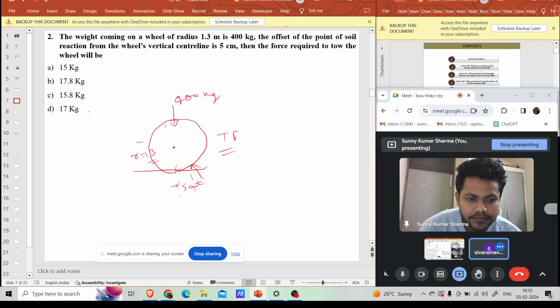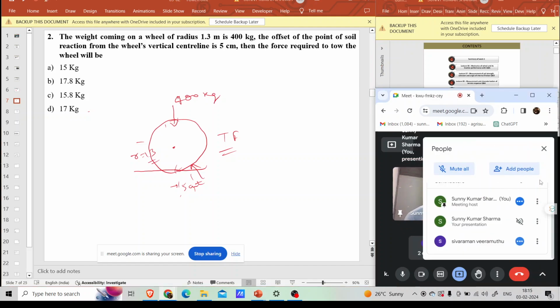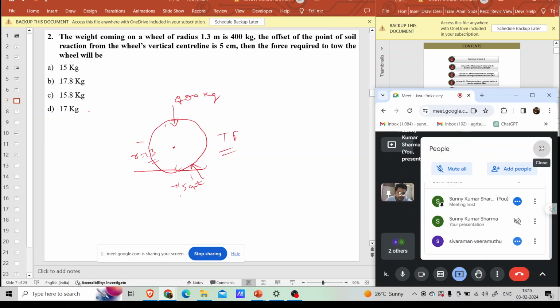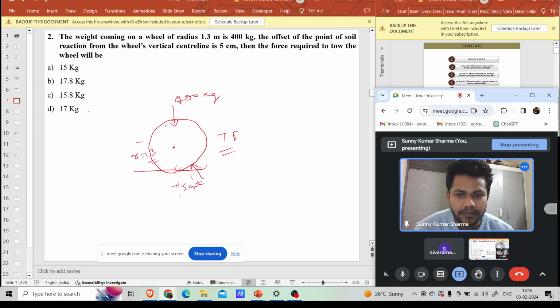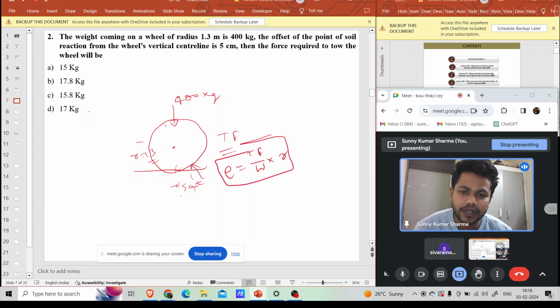Let me try it, sir. How will you proceed? We have the formula with us: offset amount is equal to towed force by W into radius. Everything is given in this expression. You have to calculate the towed force.